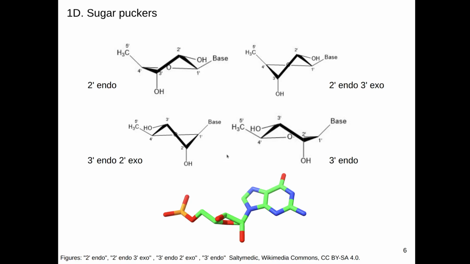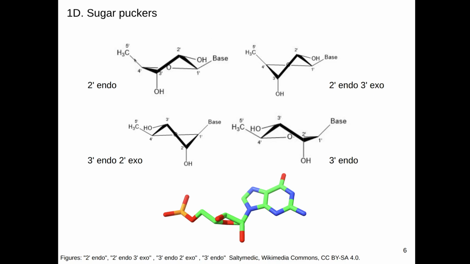Another popular conformation frequently mentioned is a sugar pucker of a ribose. So ribose is a 5-atom ring, and sometimes not all 5 atoms lie in the single plane. So we may have conformations when 1 or 2 atoms lie outside of the plane, and frequently it is either C2' or C3'.